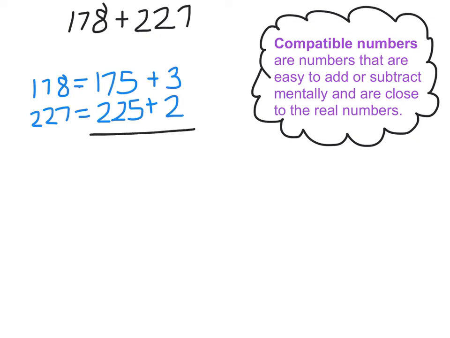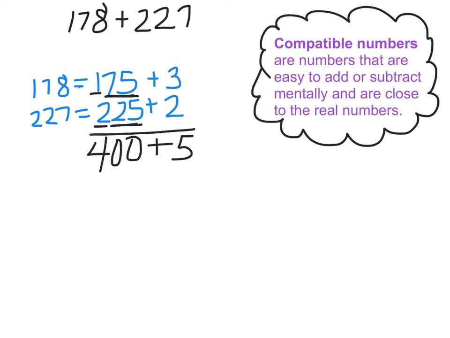So 175 and 225 would be compatible because I'm looking at the 75 and the 25. That makes 100. 100 plus 200 is 300, plus the 100 from 75 and 25 would make 400. And 3 plus 2 is easy. That's 5. So we would be left with 400 plus 5.